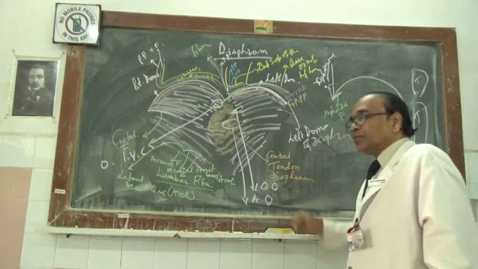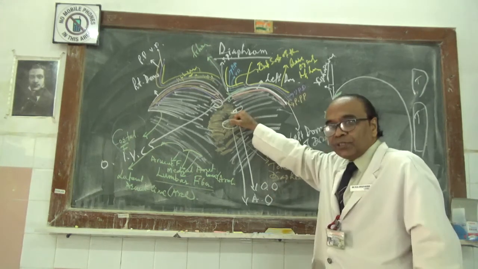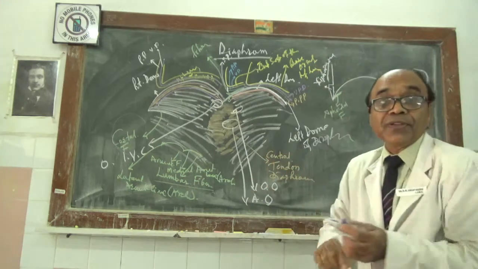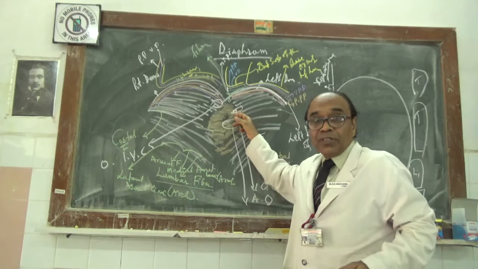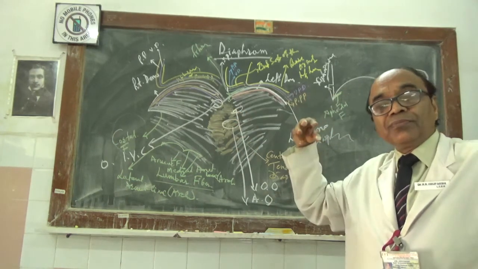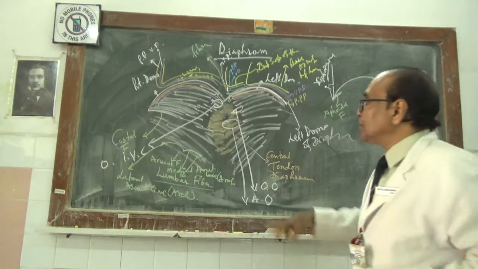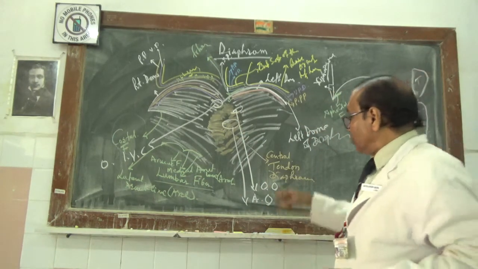The esophageal orifice is situated at the level of the upper or lower border of approximately the 10th thoracic vertebra, where the thoracic part of the esophagus continues as the abdominal part of the esophagus.